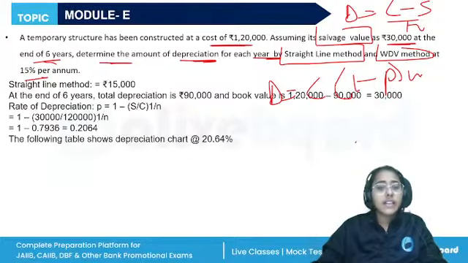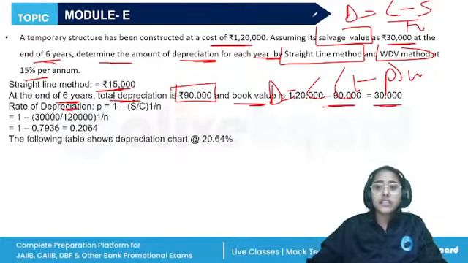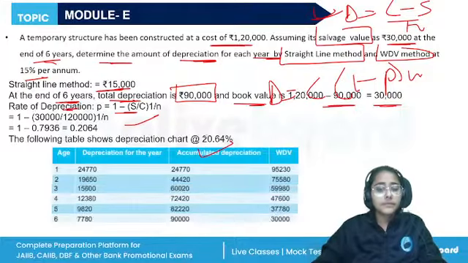Using the straight line method, we have 15,000 per year, but when we calculate at the end of 6 years, the total depreciation is 90,000, multiplied by 6, and the book value is 1,20,000 minus 90,000, so 30,000. Then the rate of depreciation, this formula will be used. P is equal to 1 minus salvage value divided by the original cost, raised to the power 1 by N, and this is how we will calculate, right? This is how we will calculate using the other formula, the written down value.